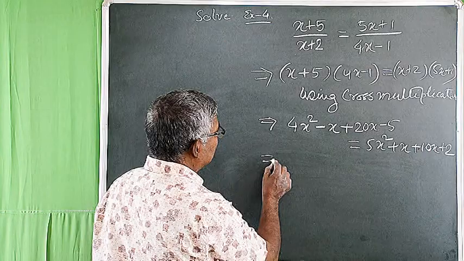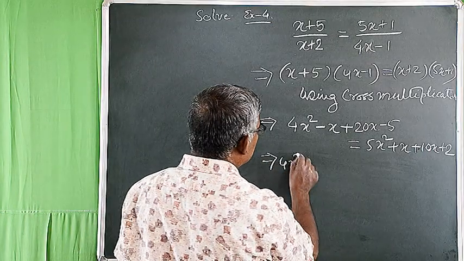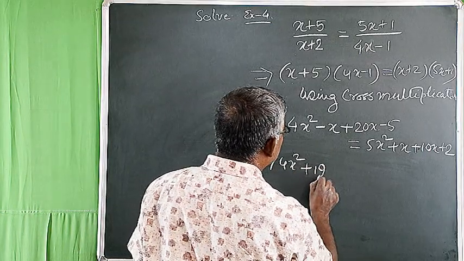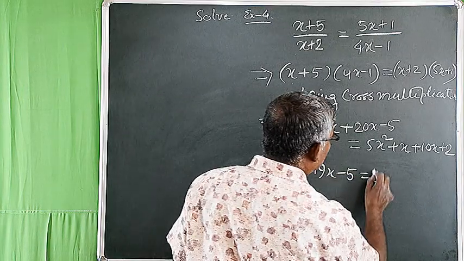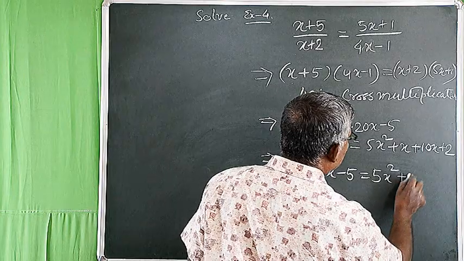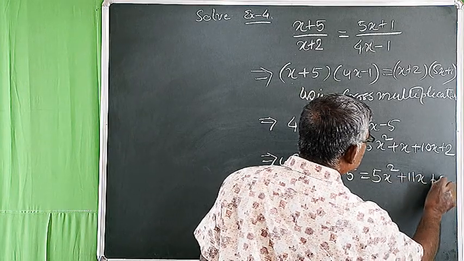This implies that 4x² + 19x - 5 = 5x² + 11x + 2.